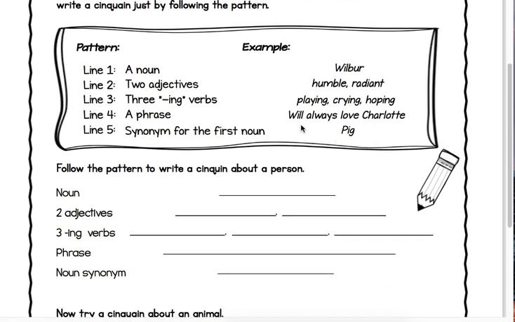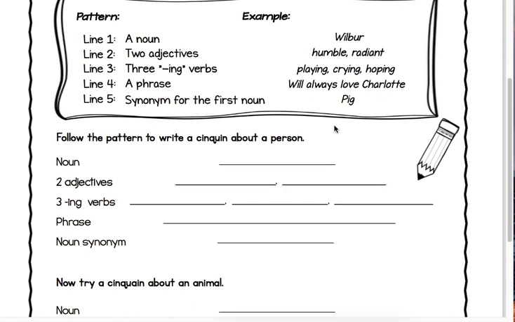It says, Will always love Charlotte. Wilbur and Charlotte were friends, and Wilbur will always love her. And then the last line, a synonym for that first noun, Wilbur is a pig. So we have pig for it. So here's the whole poem. Wilbur, humble, radiant, playing, crying, hoping, will always love Charlotte, pig.